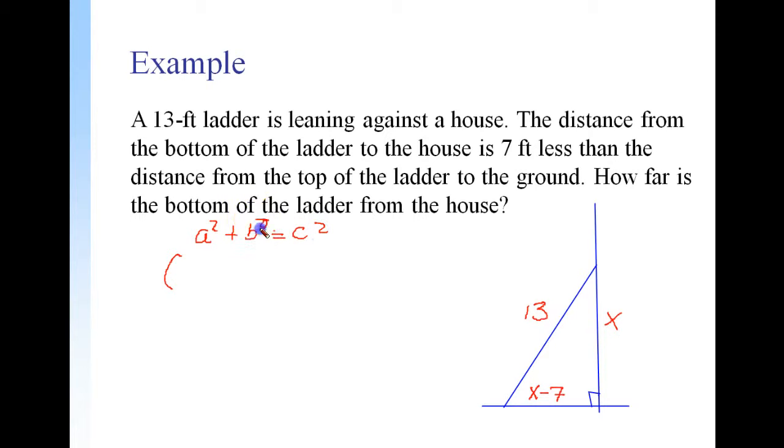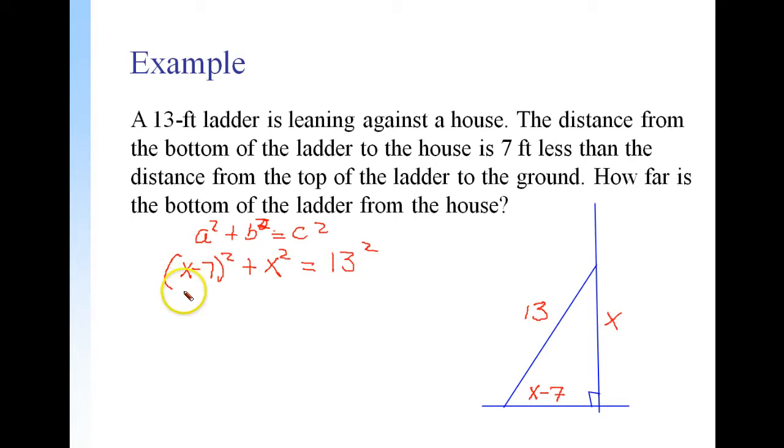So what is a squared? Well, it's going to be x minus 7, the quantity squared, plus x squared, that's b over there, equals 13 squared.